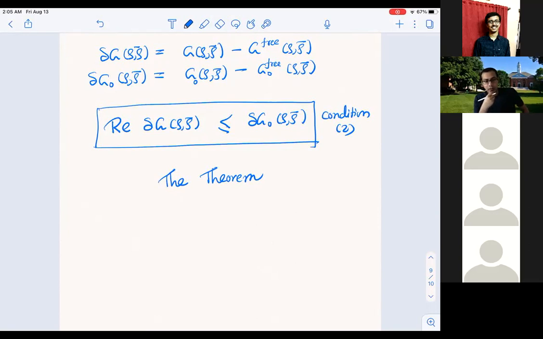In which expression? The condition 2, where you have delta G. There, if I bring everything together to the left, does the free part not cancel out? No, see, this one has G free and this is G not free. Oh, right. This is G not free. Sorry. Okay. Basically, it exactly cancels the thing that we want to cancel. Yeah. Okay.